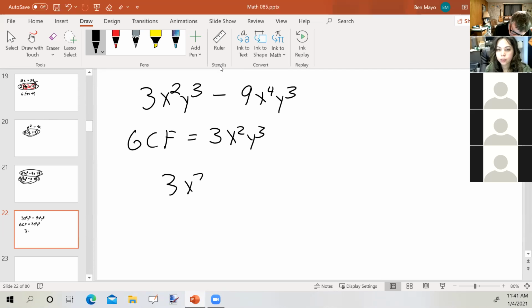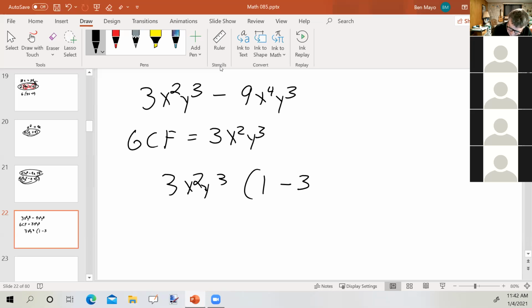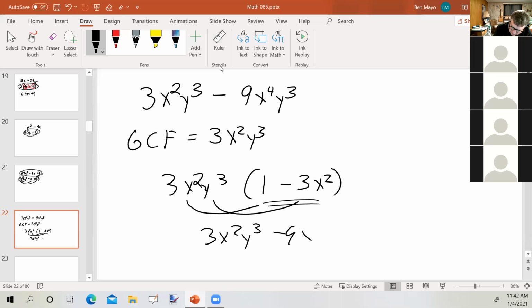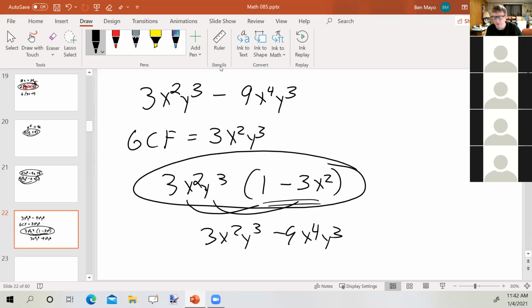So I'm going to get 3x squared y cubed times, oh, what do I need to put first thing? A 1, right, and then minus 3x squared. Good job, because there's nothing common here other than 1, and that would give me 3x squared y cubed minus 9x to the 4th y cubed. So this is the correct answer.